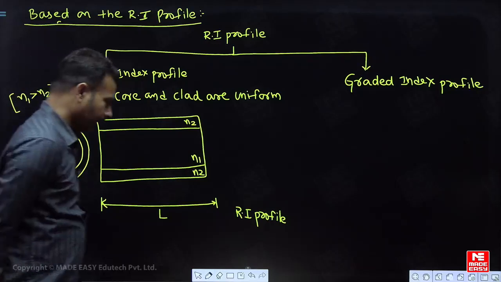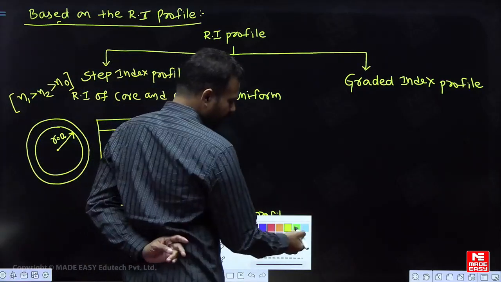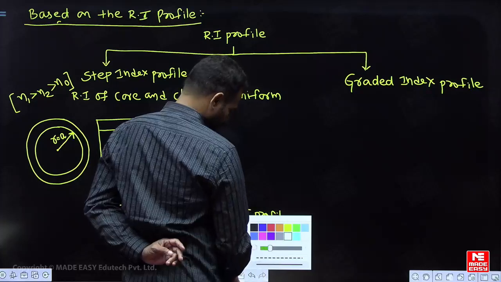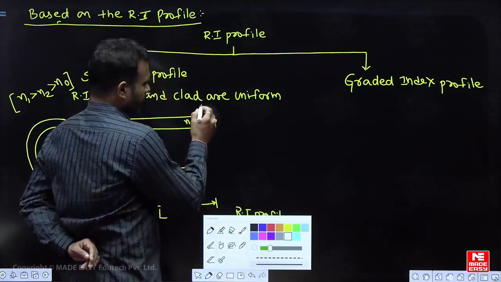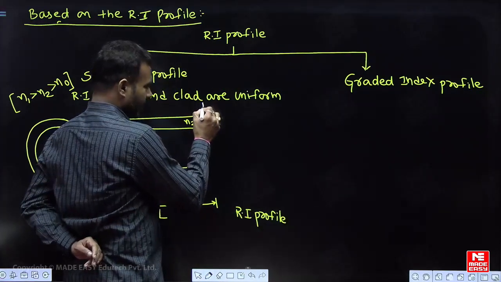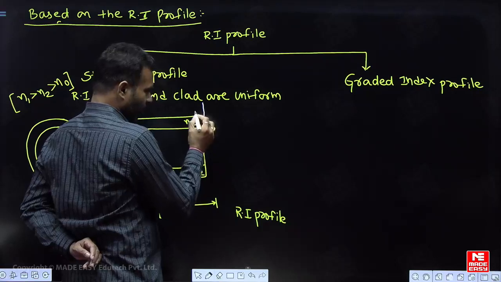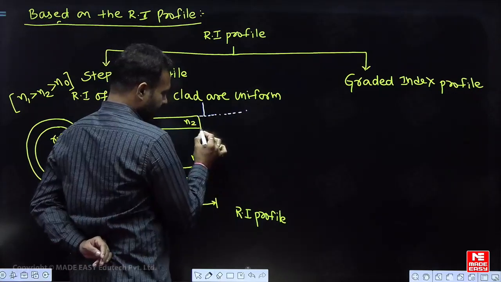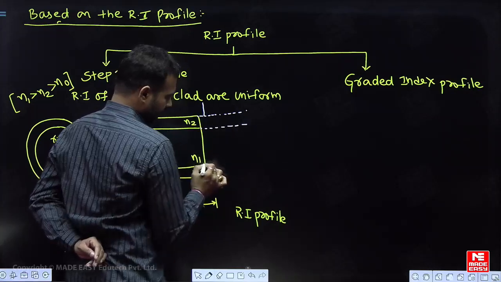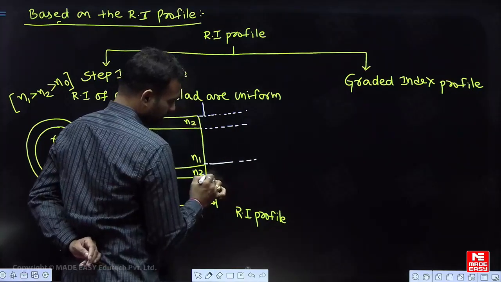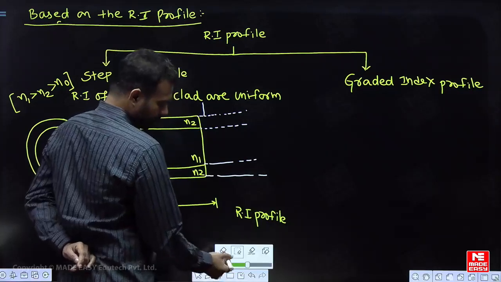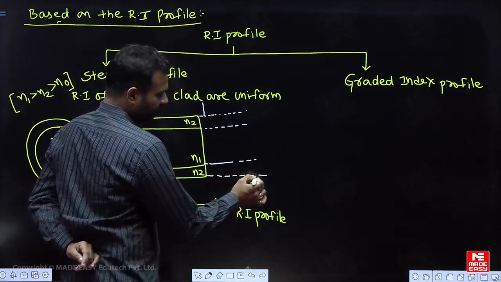Now see the profile, I am drawing it here, changing the color so it is easy to understand. Here we have the refractive index of air, up to this boundary. I just drew the boundaries to make it clear, as shown in the figure.